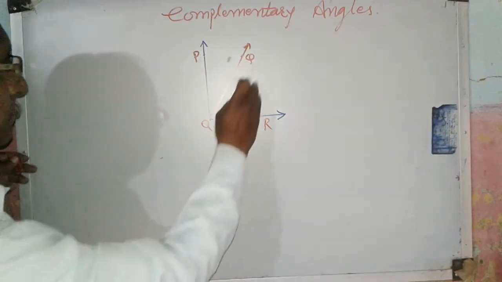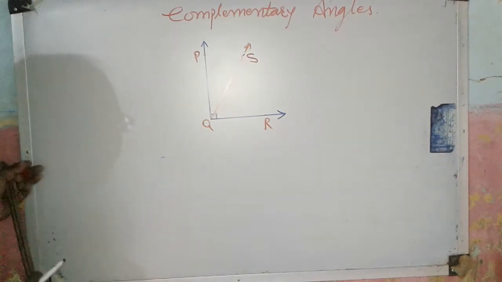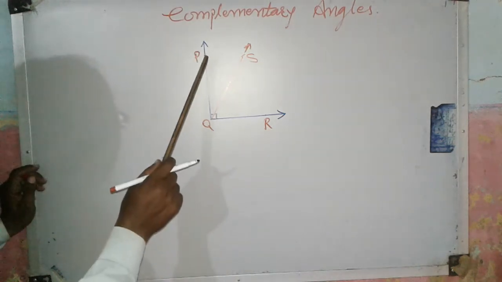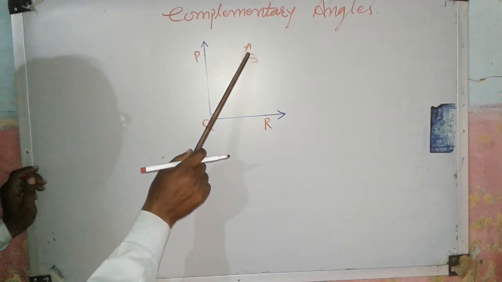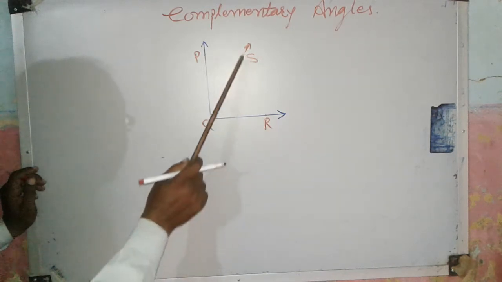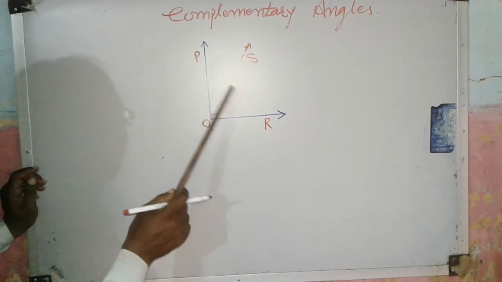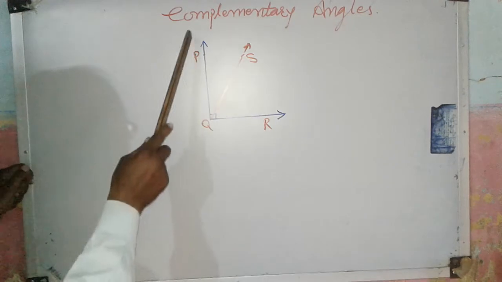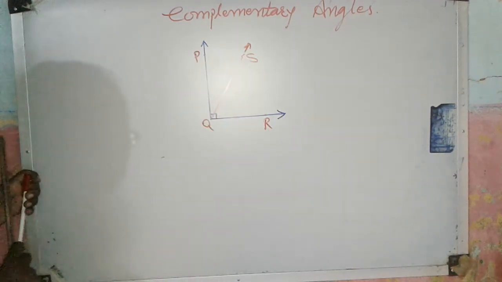PQS and SQR. That means angle PQS plus angle SQR, the sum of the measures of both angles, is 90 degrees. This right angle is divided into two parts.